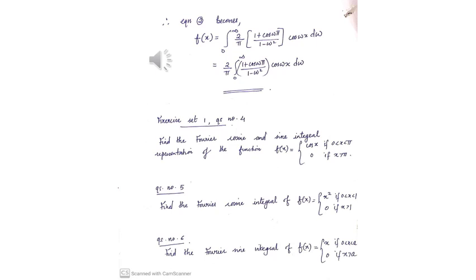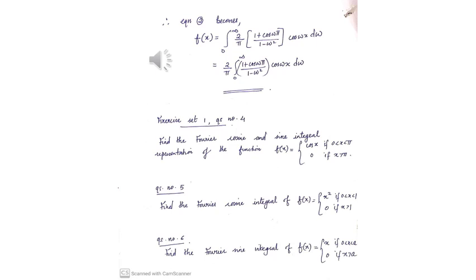Now, here are some questions for you. You can do them on the basis of the last 4 examples we studied. The first question, that is exercise set 1, question number 4: find the Fourier cosine and sine integral representation of the function f of x is equal to cos x if 0 less than x less than pi and 0 if x greater than pi.